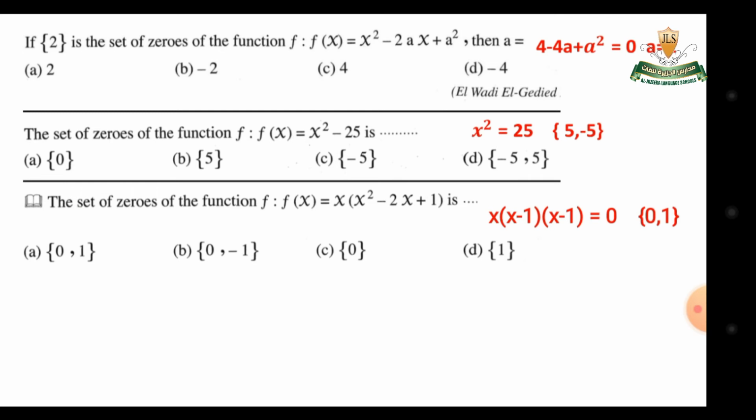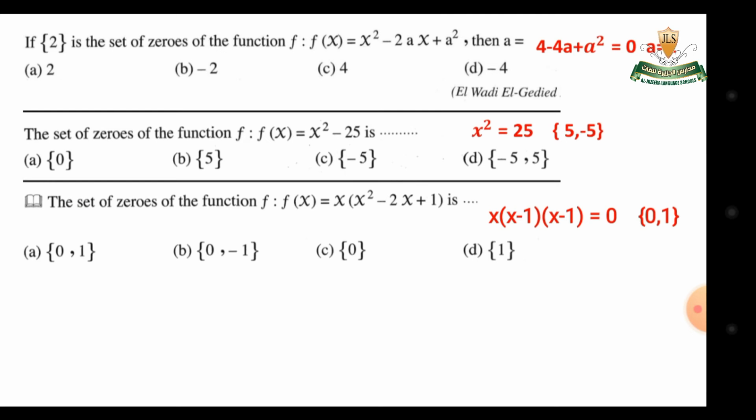Number 2, the set of zeros of the function f(x) equals x power 2 minus 25. We put x power 2 minus 25 equals 0. So we have x power 2 equals 25. We take the root of the two sides, we get the set {5, negative 5}.